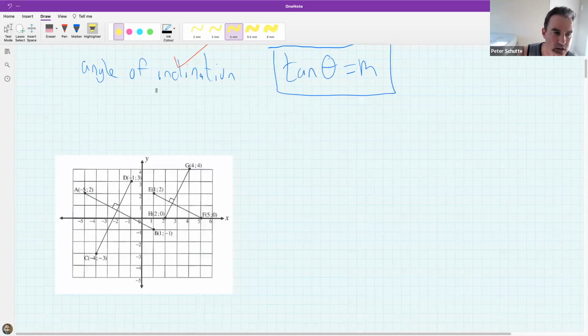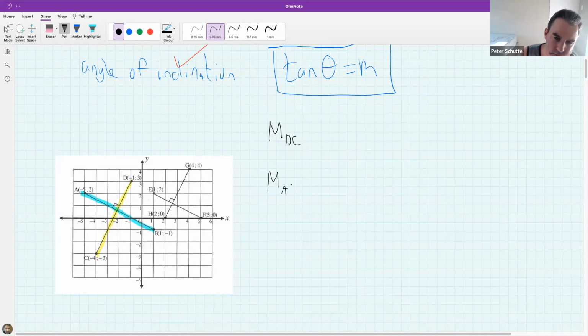Let's go on to talking about gradient a little bit here. I want you to use the gradient formula for these particular lines. Find me the gradient of the line DC, and also find me the gradient of the line AB. So we are going back to the previous lessons. For our new students, don't worry.